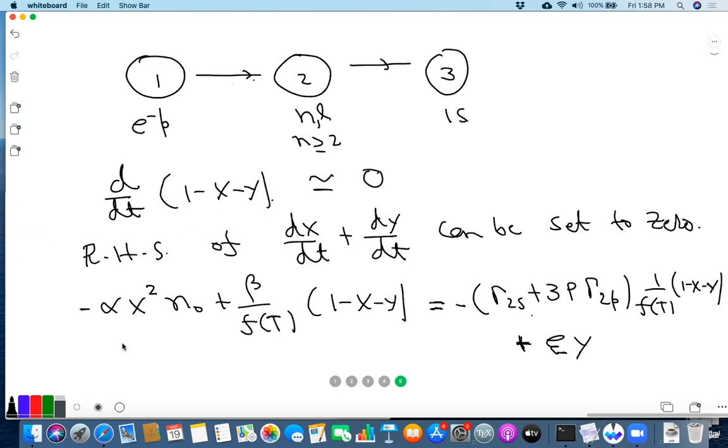So the way we are going to solve this is to write this one as E times, or minus E times 1 minus x minus y, plus E times 1 minus x. And then bring all the 1 minus x minus y factors on one side so that we can get 1 minus x minus y as a function of x.